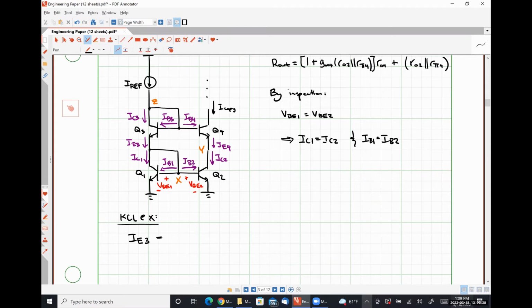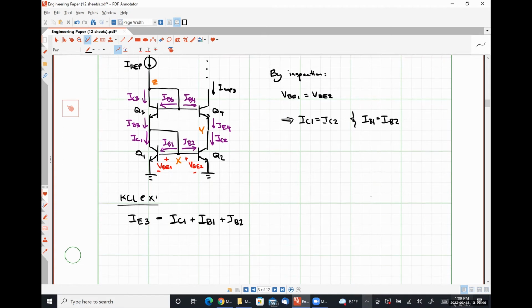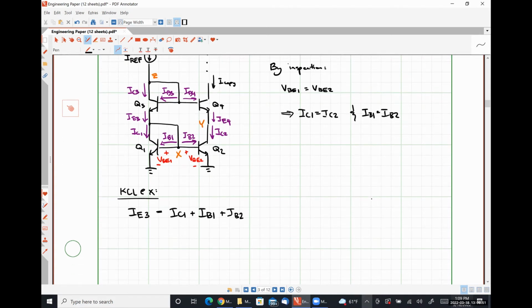And the current that is flowing out of that node is then IC1 plus IB1 plus IB2, where IB1 and IB2 can be expressed as IC1 over beta, right?